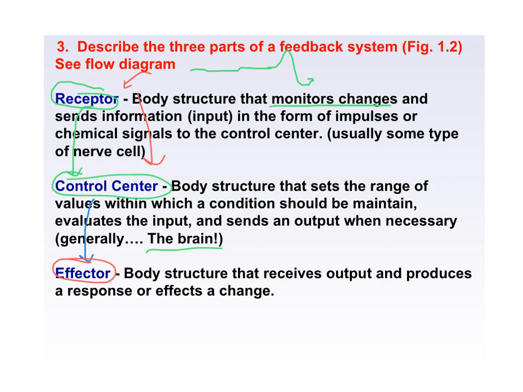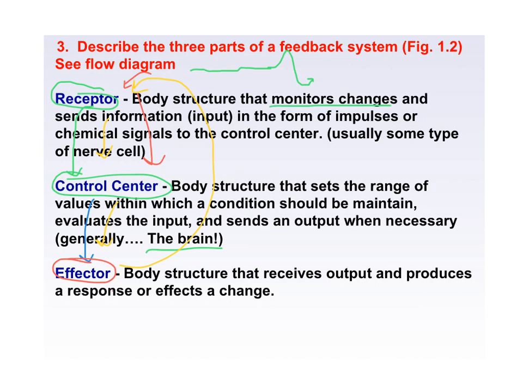So if blood glucose level became too high and the effectors brought it back down, the receptors will detect that glucose levels are down, and they will stop sending their signals to the control center, which will stop the signals to the effectors.